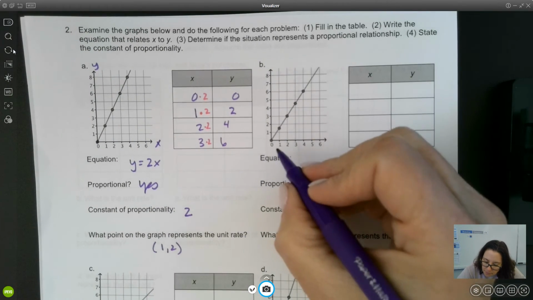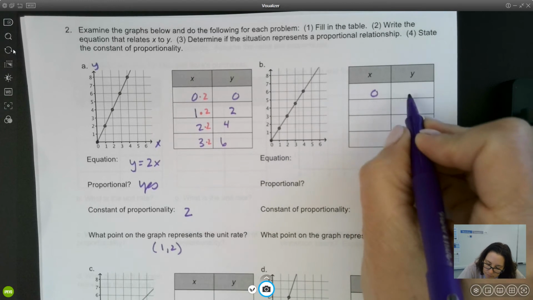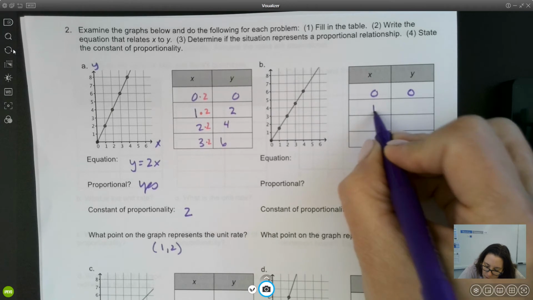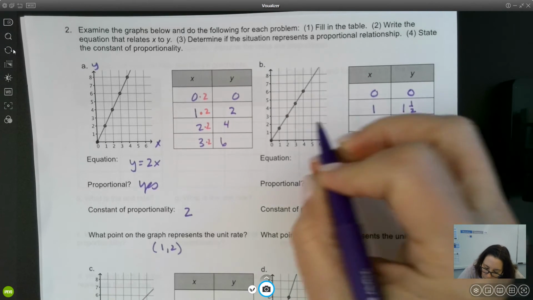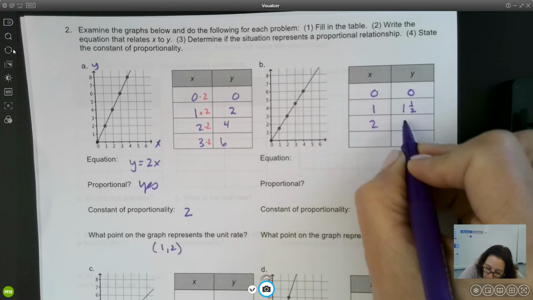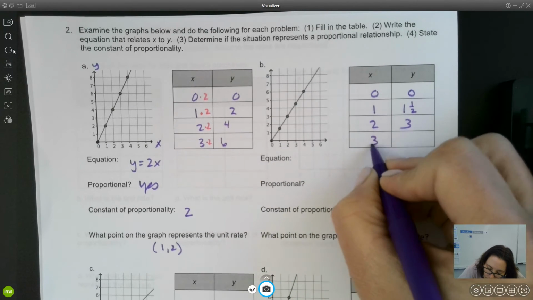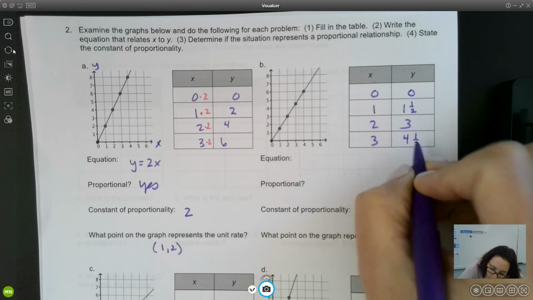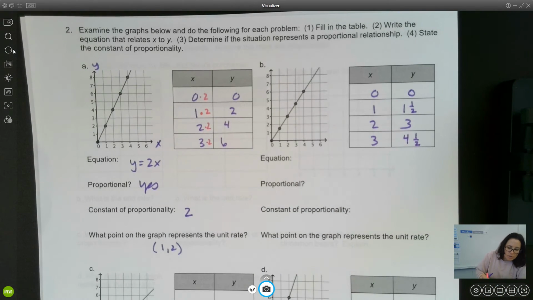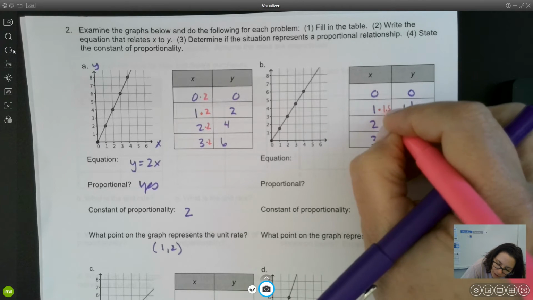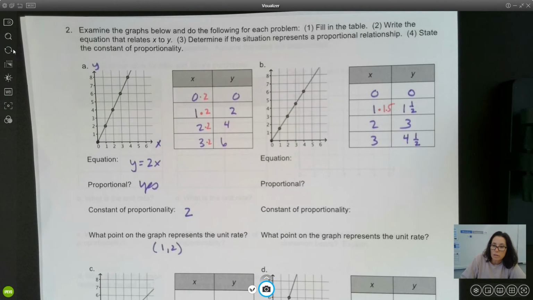Okay, this guy. I'm going to pull out 0, 0. I'm going to pull out 1, it looks like 1.5. I'm going to pull out 2, 3. I'm going to pull out 3, 4.5. All right, so if I multiply this by 1.5, that works.